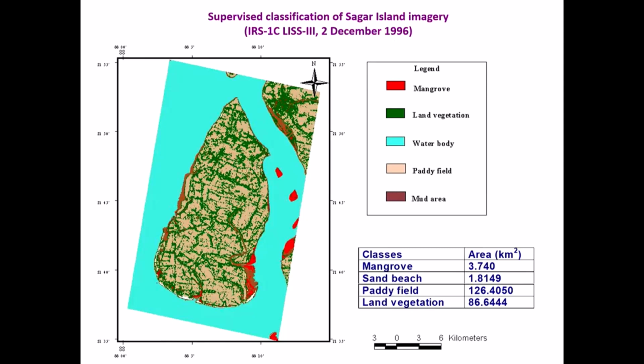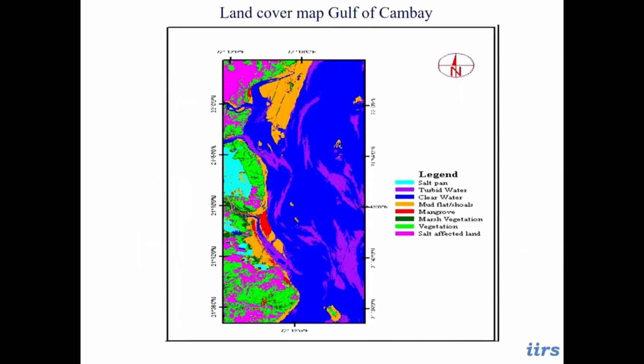So satellite data is nowadays widely used to map this erosion and accretion process.